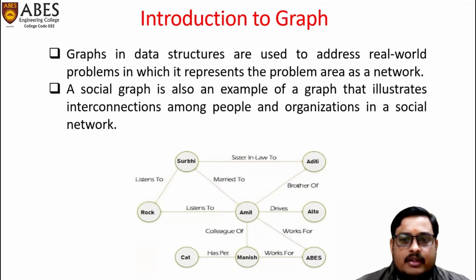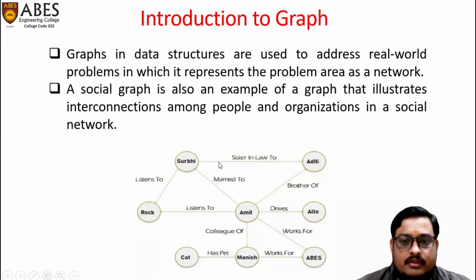Here we can see persons and we represented their relations. So nodes are representing the persons and edges are representing the relations between them. So Surabhi and Aditi are sister-in-law, and Surabhi listened to rock songs, and Surabhi married to Amit.